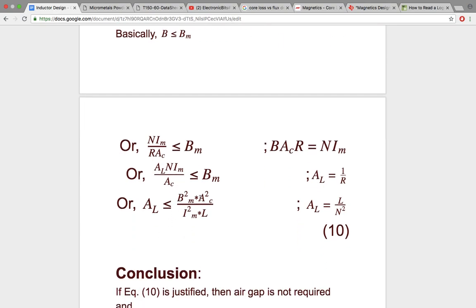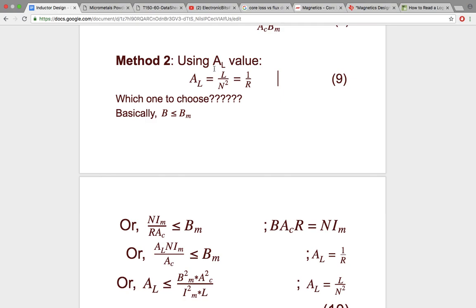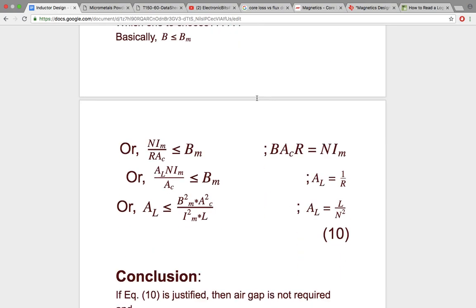To come up with a strategy, let us replace this n. The value of n is replaced using this formula, that is nothing but root of L by AL. After substituting all these formulas and simplifying them, we get an inequality. You will see that if we use this formula, then this inequality has to be met.